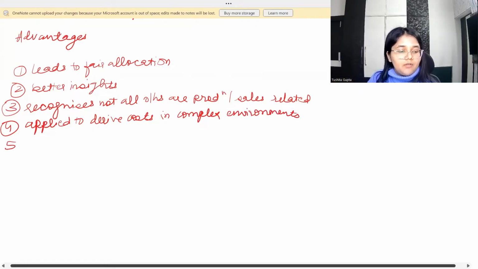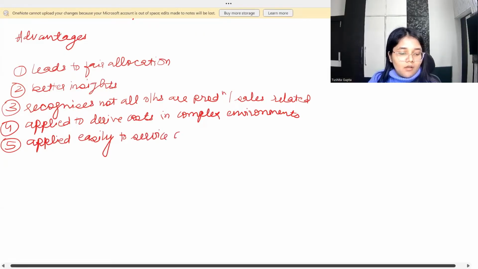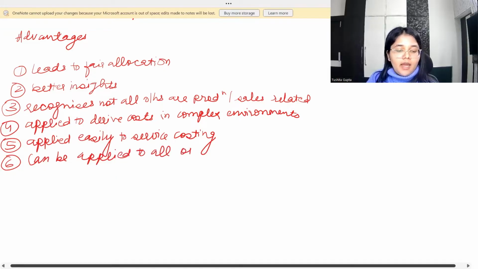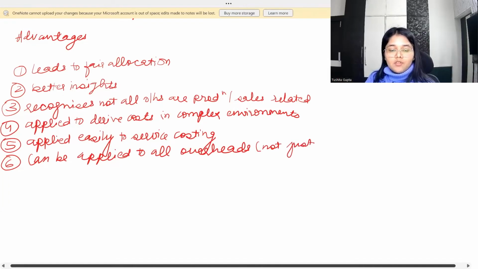Another advantage is that it can also be applied easily to service costing. Another advantage is that it can be applied to all sorts of overheads and not just production related overheads, because it's going to identify the cost drivers. So it can be applied to all sorts of overheads, not just production overheads.